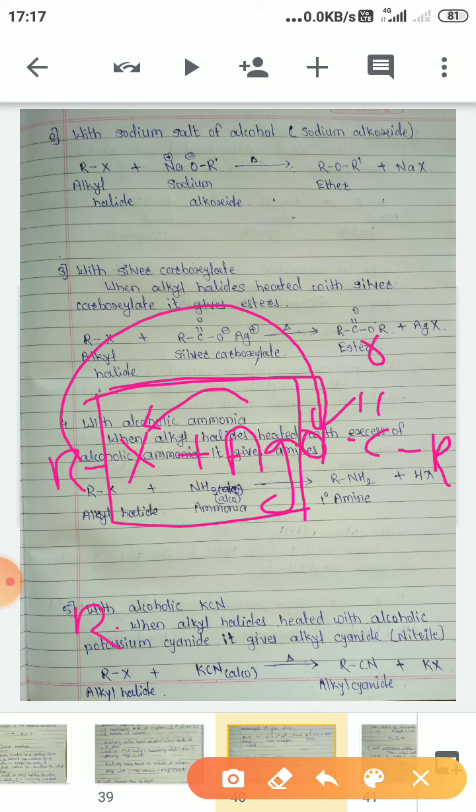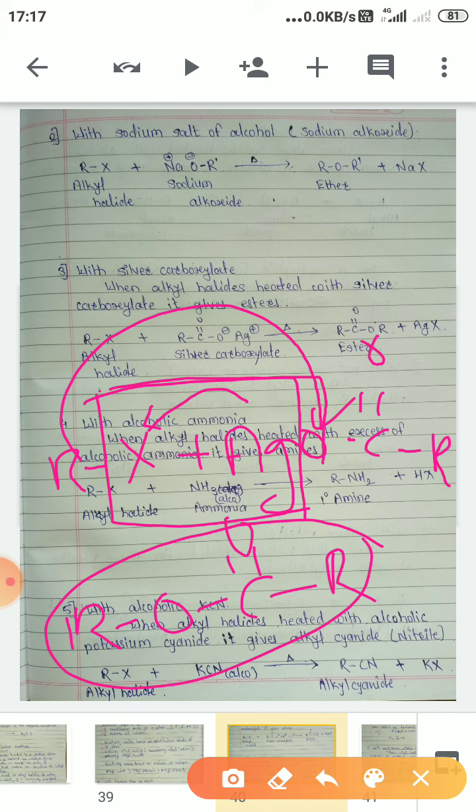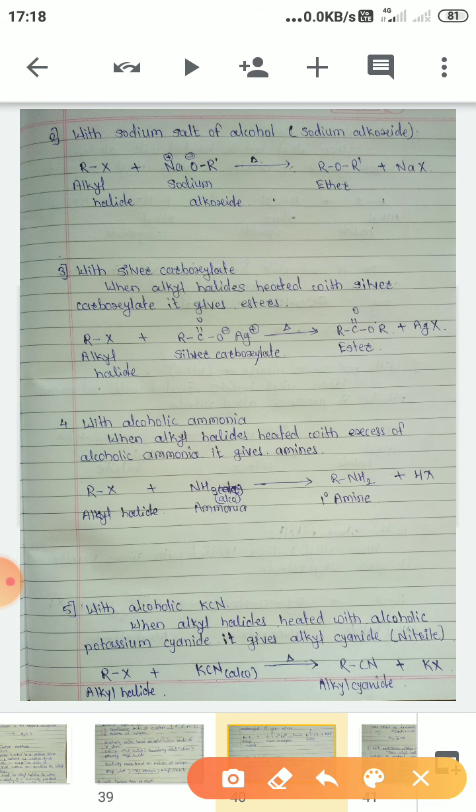So we'll get R bonded to O C double bond O R, that is ester. We have seen the functional group RC double bond OR is nothing but ester. So when alkyl halides react with silver salt of carboxylate we get ester. Not only silver salt, we can use potassium salt also, and sodium salt also.